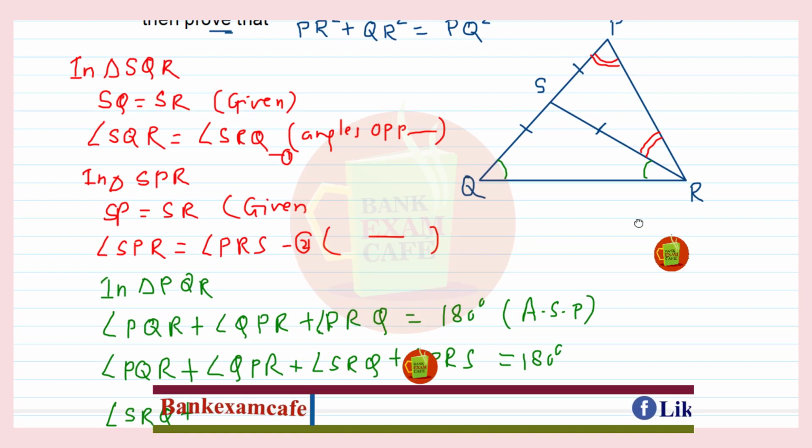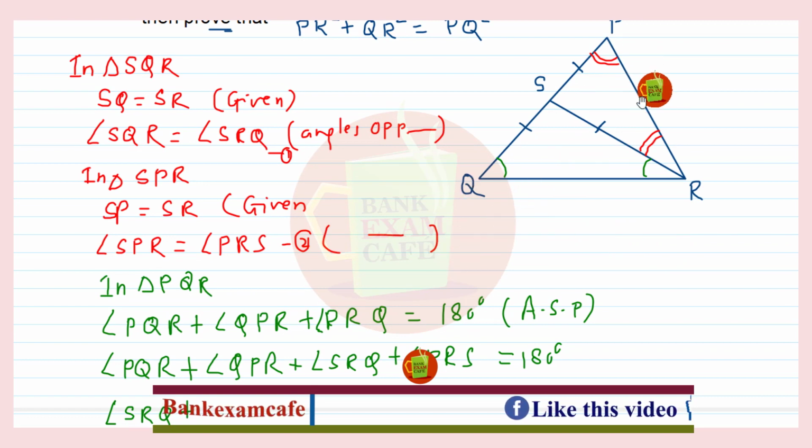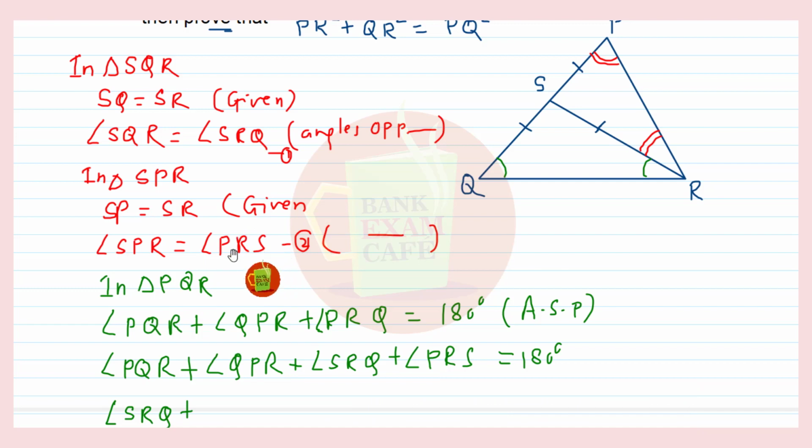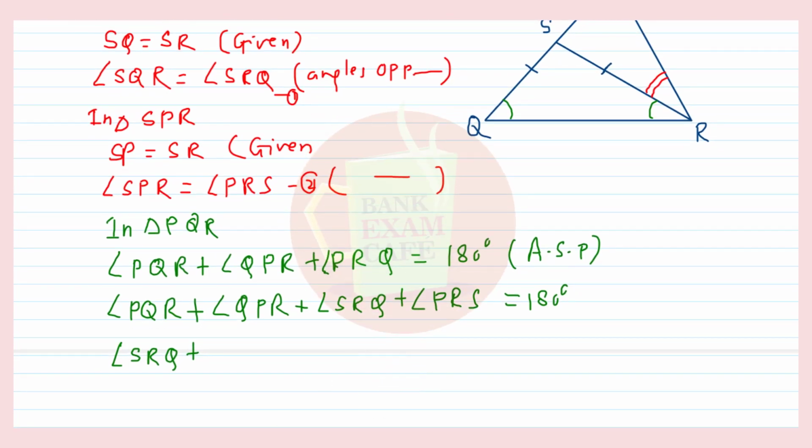Now similarly, this angle QPR is nothing but SPR, which can be written as PRS. So that is equal to angle PRS plus angle SRQ plus angle PRS, which is equal to 180 degrees.